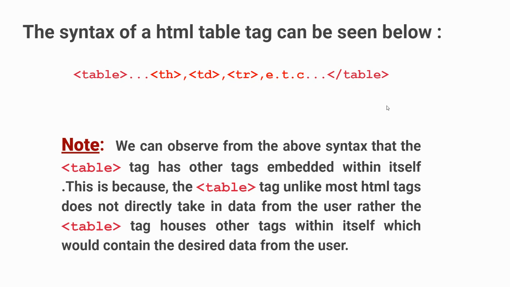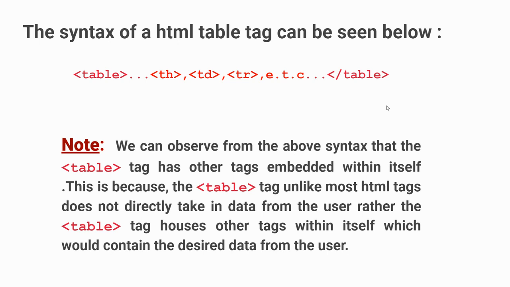From what we can observe, the syntax of the table tag has other tags embedded within itself. This is because the table tag, unlike most HTML tags, does not directly take in data from the user. Rather, the table tag houses or accommodates other tags within itself, which contain the desired data from the user.